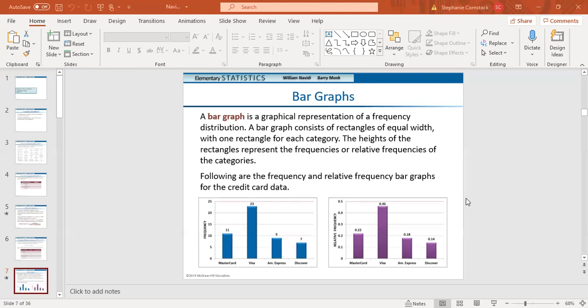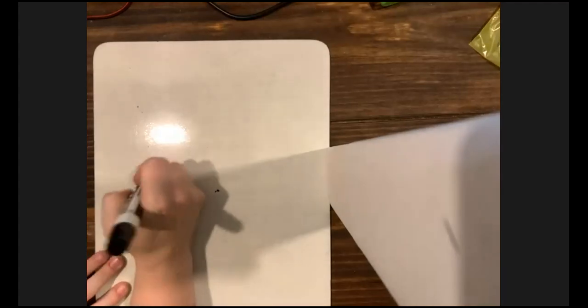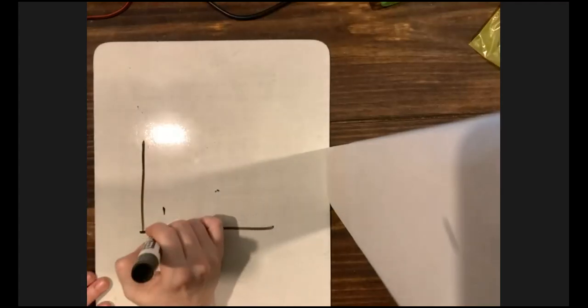So taking a look at our problems on our worksheet, the first one talks about, and I'm just going to do a quick drop here.